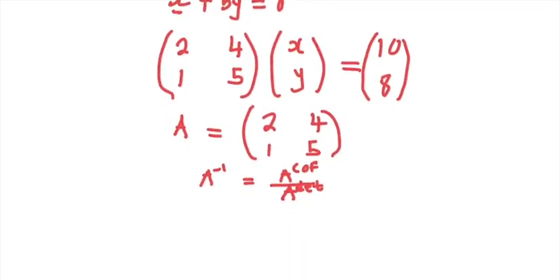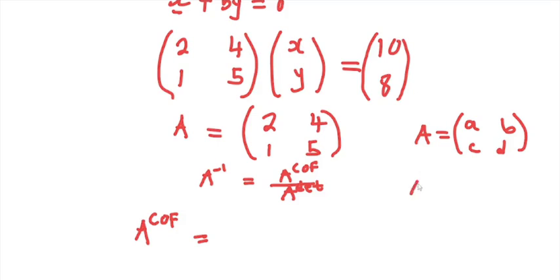First, find the cofactor of matrix A. The cofactor of matrix A is found by changing the major diagonal elements. Let me give an example. If your matrix A has the elements a, b, c, d, to find the cofactor of matrix A, the major diagonal elements swap.